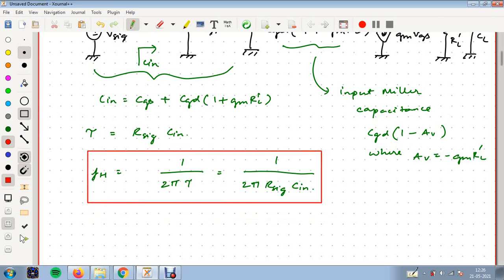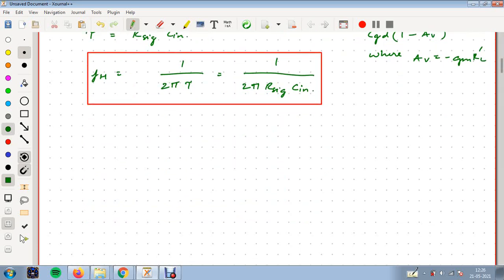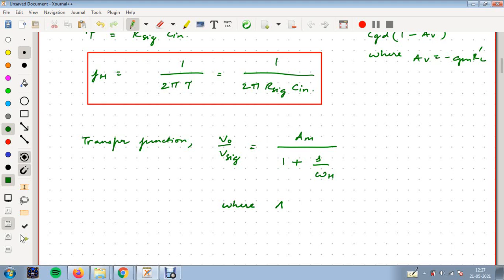Since it is a low pass filter, it has a transfer function of the form V naught by V signal equal to AM divided by 1 plus S by omega H, where AM is the midband gain.